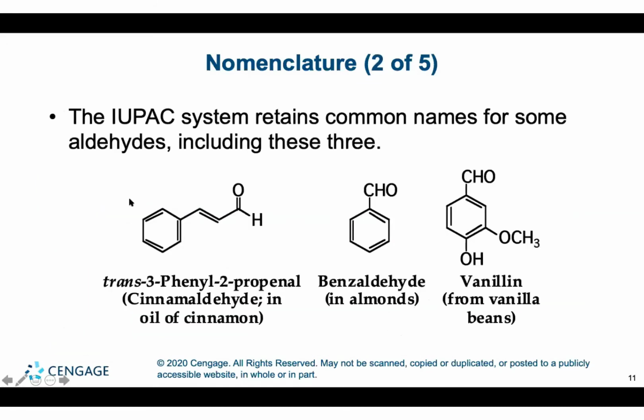Okay, what about when we have aromatic compounds? Whenever, guys, you have a benzene group, do you remember that's a benzaldehyde, right? Whenever we have a CHO on a benzene ring, it is a benzaldehyde, and if you have other groups attached to it, you should make sure which one is the priority.